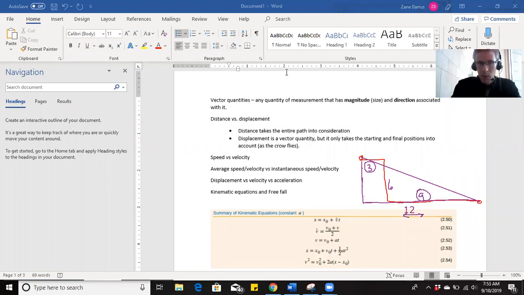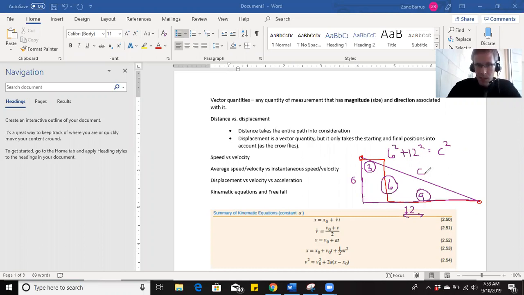The total north-south distance that I drove was only 6 blocks, so my other leg is 6. Then I can say 6 squared plus 12 squared equals c squared. You could solve that for c, and c is your hypotenuse. You get an answer for c, and bam, you've got your straight line distance as the crow flies.